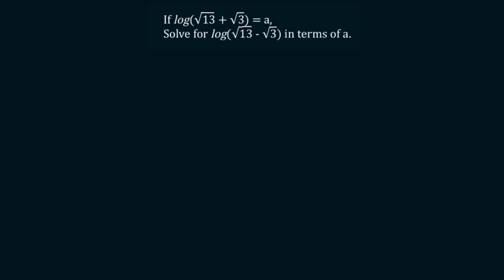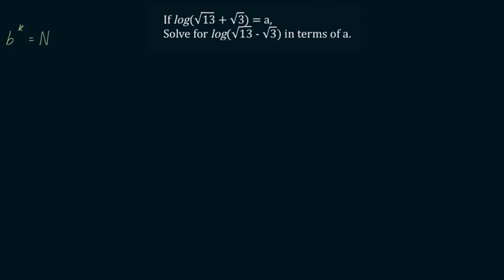Alright, now before we start, just a basic review on logarithms. Let's say we have any exponential equation where we're raising a base b to an exponent k, and our result is the argument n.